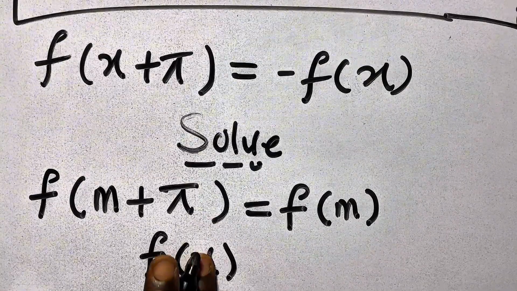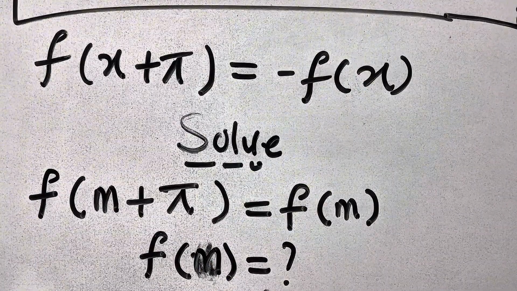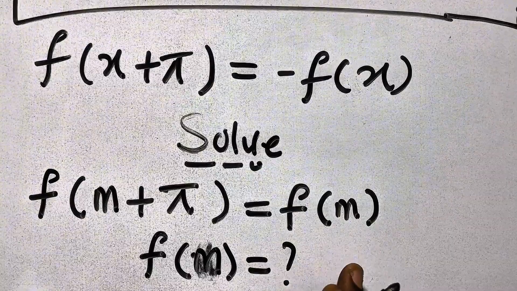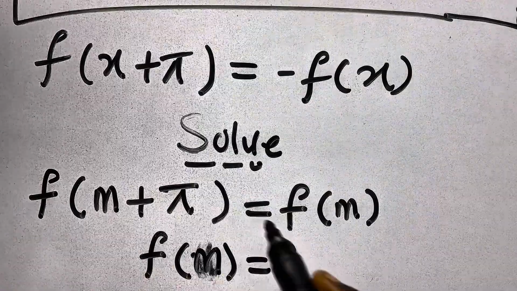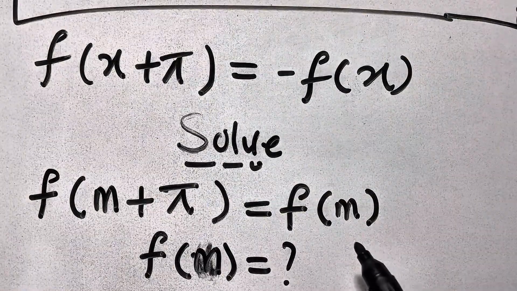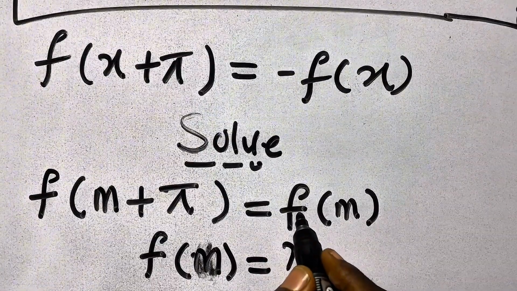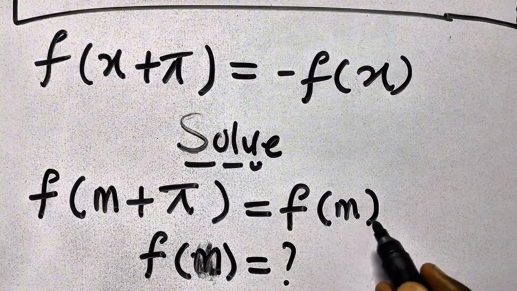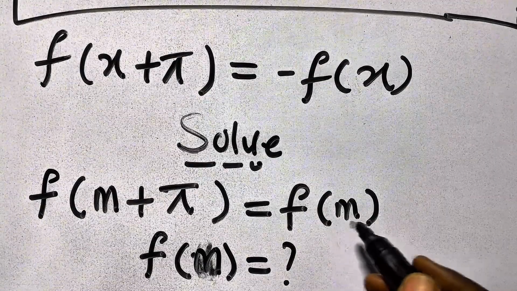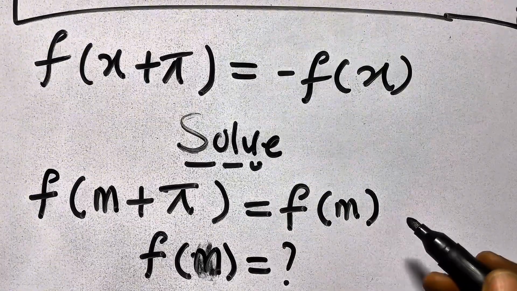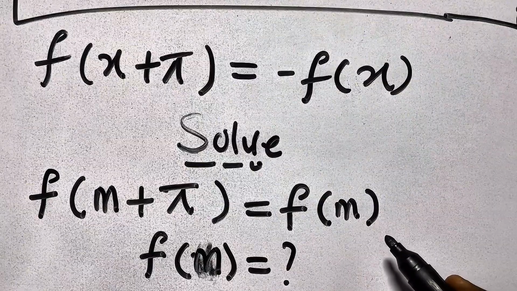Since we are using variable m, you can find f of m. I know this may look similar to the question we solved, but it's different. First, we use a variable m here, whereas we used variable x above. However, the sign we have at the right hand side of the problem we solved is negative. But the sign we have at the right hand side of the problem I ask you to solve is positive. You understand?